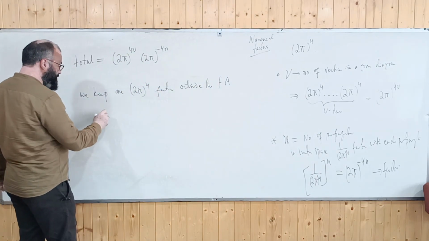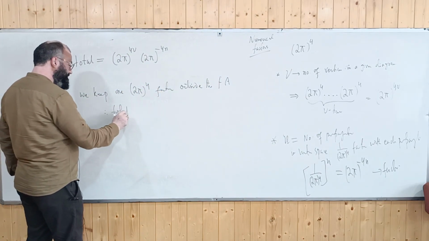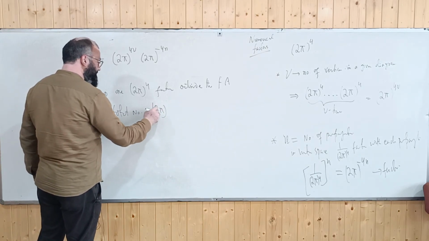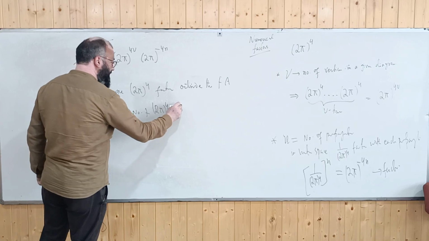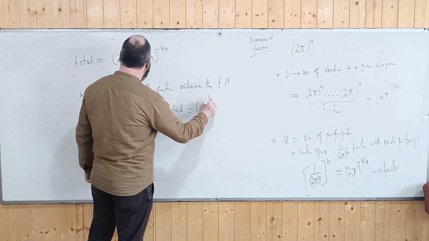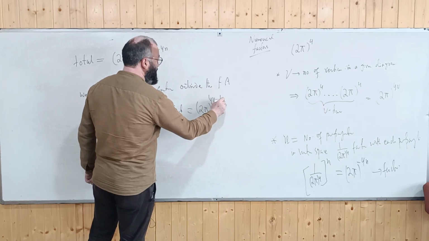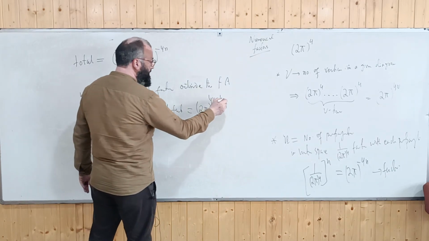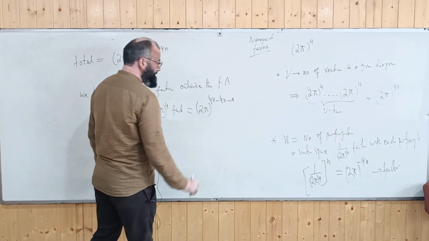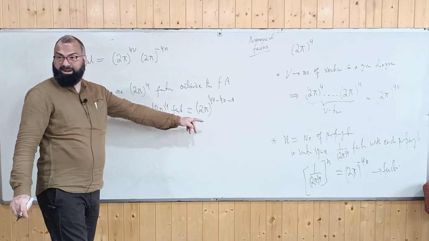So therefore, what is the total number of (2π)^4 factors? It is (2π)^(4V-4n), then you subtract 1. Sorry, it will simply be 4 because you are subtracting one of the factors.